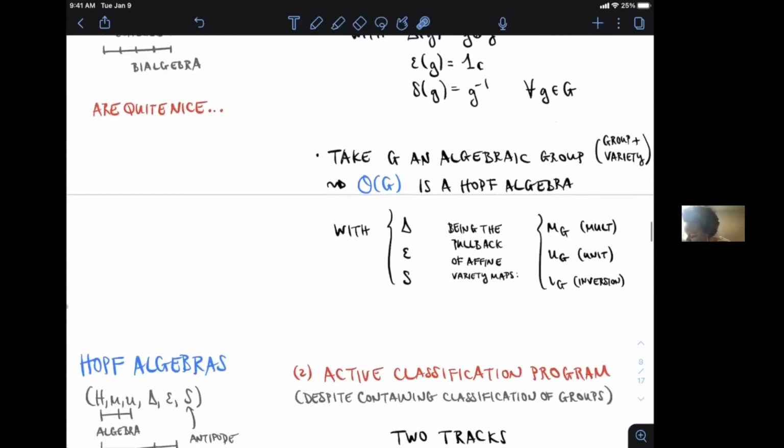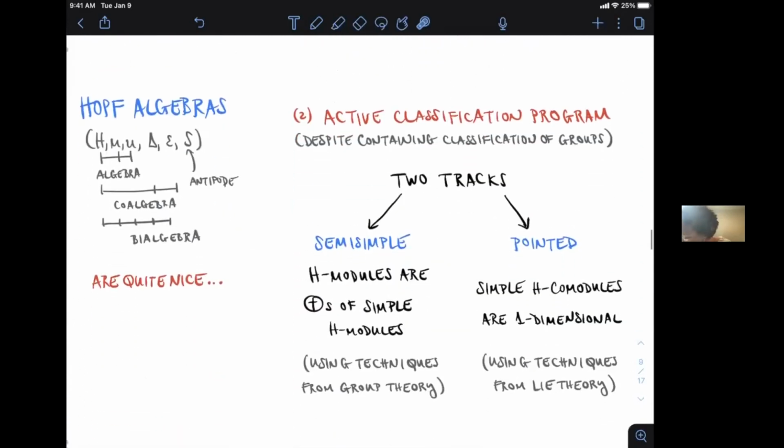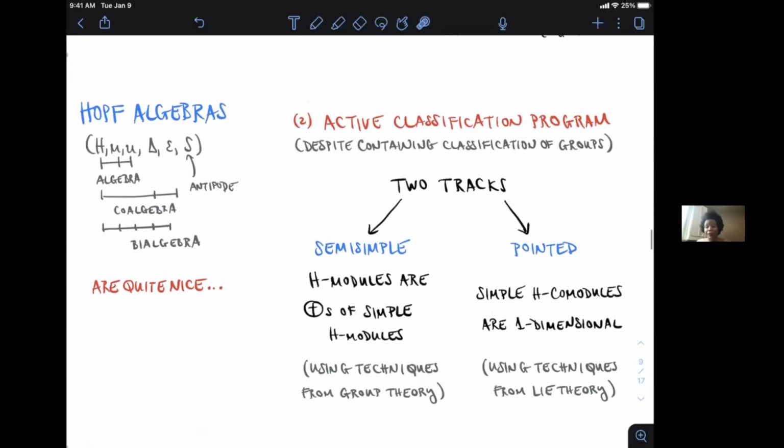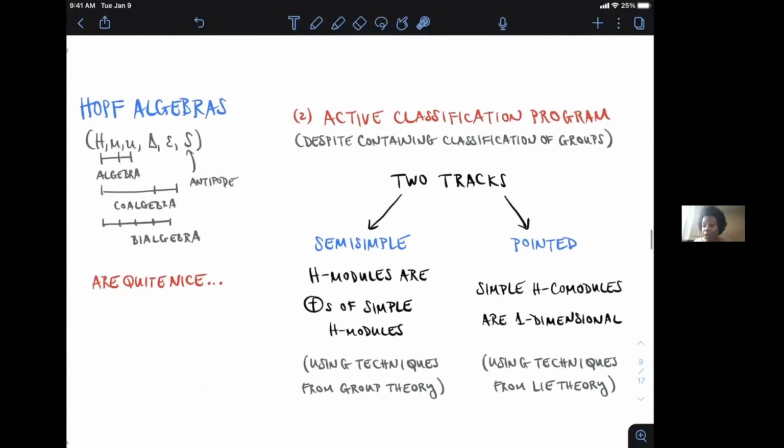Hopf algebras are also nice because lots of people are interested in them. There's a very active classification program. Despite the fact that they actually contain the classification of groups, there's still a very active classification program for Hopf algebras. They typically run in two tracks: the semisimple Hopf algebras and the pointed ones.